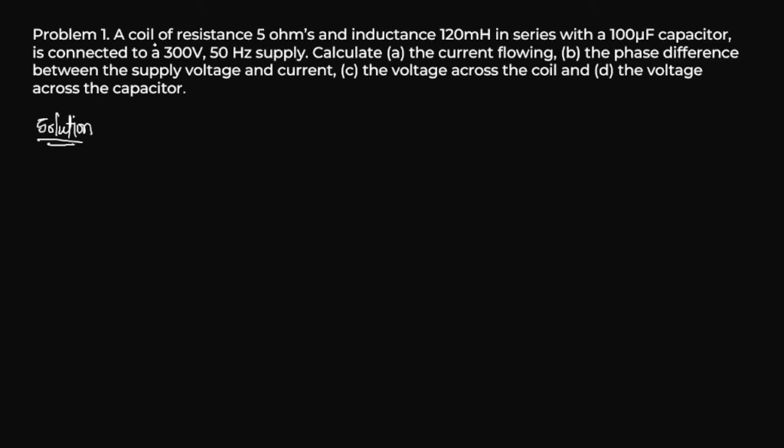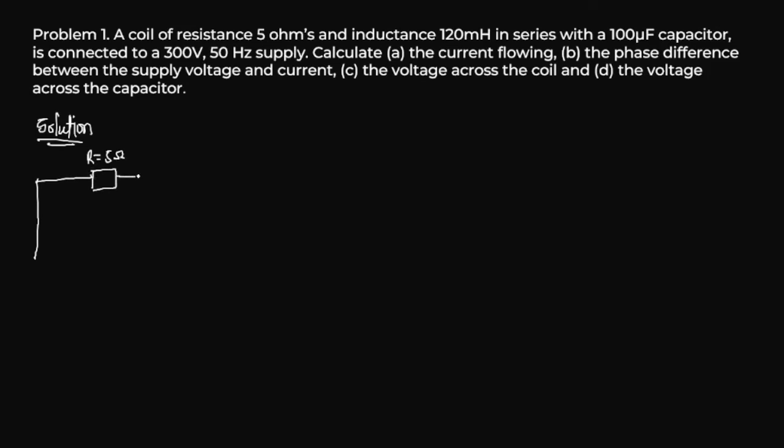We said we have a coil of resistance and inductance. So we have a coil, but it has a resistance and an inductor. We're going to draw something like this. We have our resistor over here, so R is equal to 5 ohms.